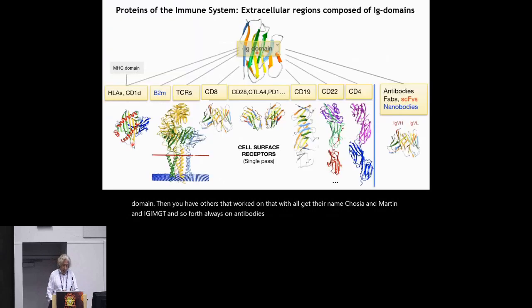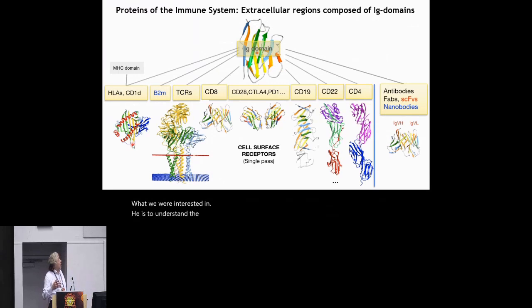Now, what we were interested in is to understand the folding of the Ig domain across the whole proteome, all of them. And for us at NCI, we work a lot. Many of our targets are things like CD22, CD33, CD19.